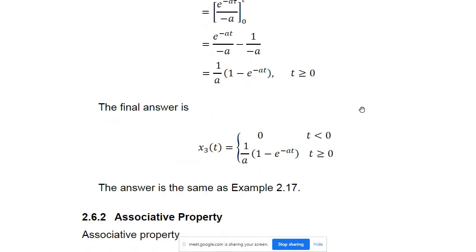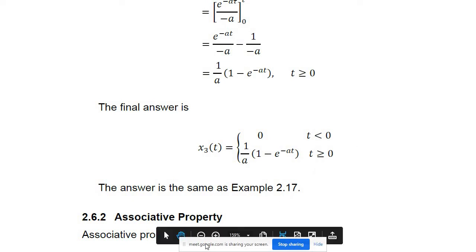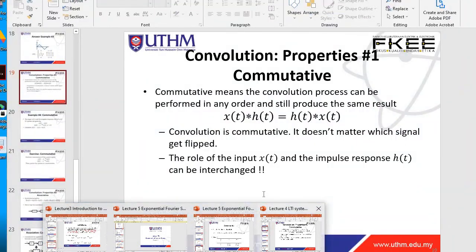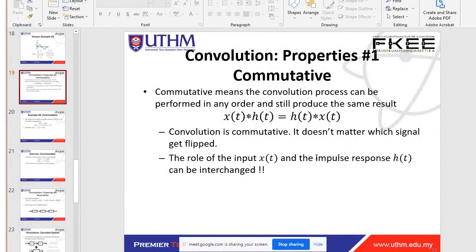This means that it's commutative. So this proves the commutative property. This means there's no effect on the output. It doesn't matter which signal gets flipped.